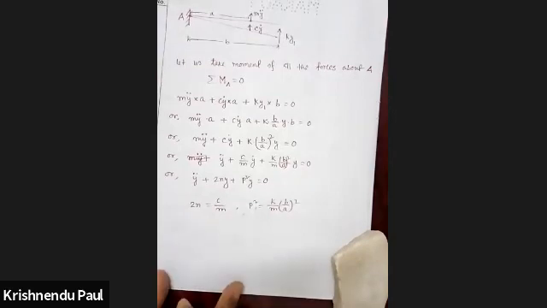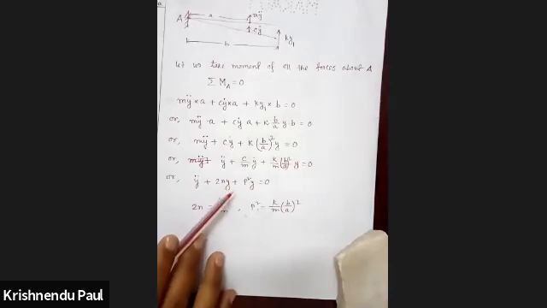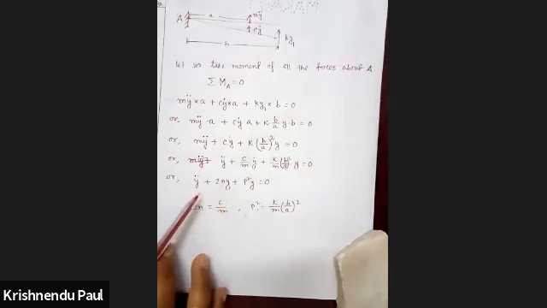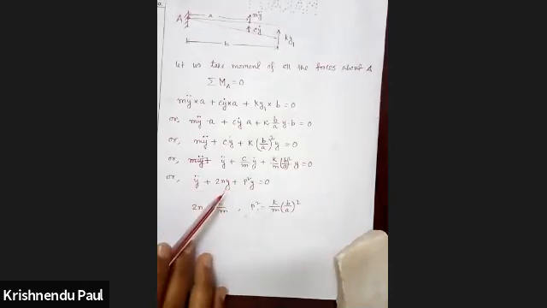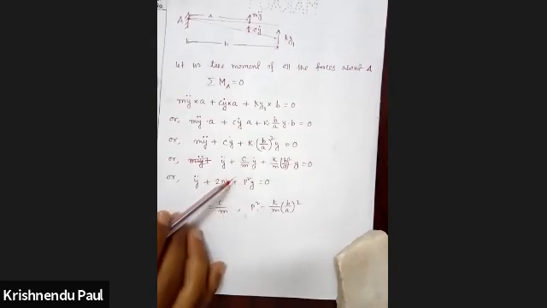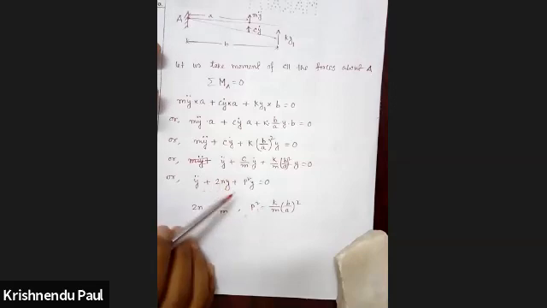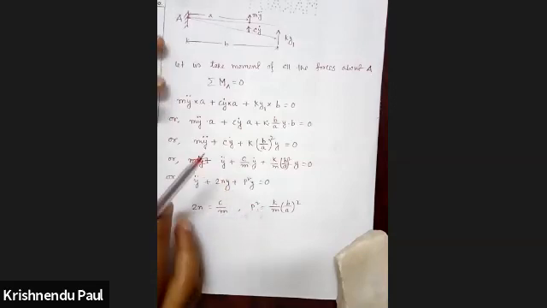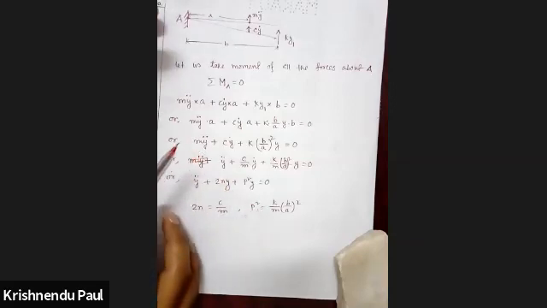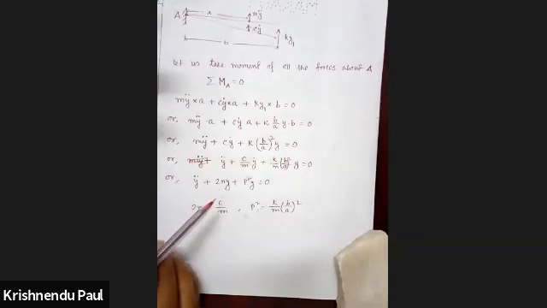Okay, we have given a form which is known to us. Whenever you can give any equation into this form, you can say that this equation is similar to the damped vibration equation, like we did in the last derivation.